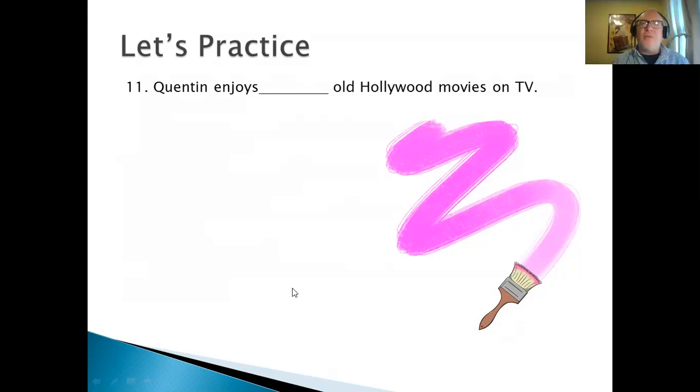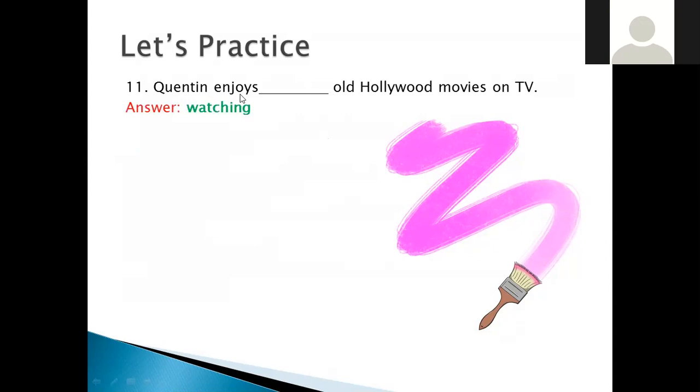Number 11 says Quentin enjoys ___ old Hollywood movies on TV. Seeing or watching, both would be fine. Enjoy plus gerund. Usually, if it's on TV, we say watching, and if it's in the movie theater, we say seeing.